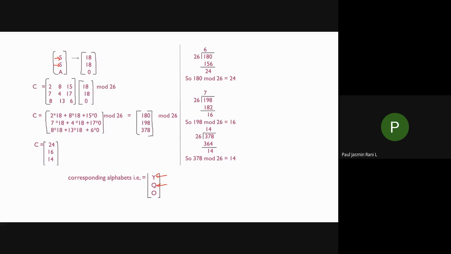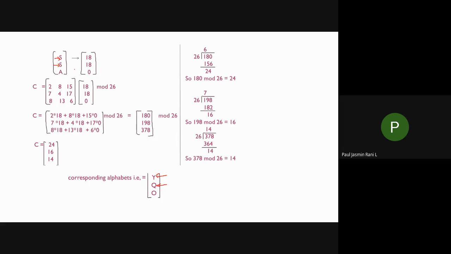So this is what we call a polyalphabetic substitution cipher. For each and every alphabet you are going to substitute some other alphabet.